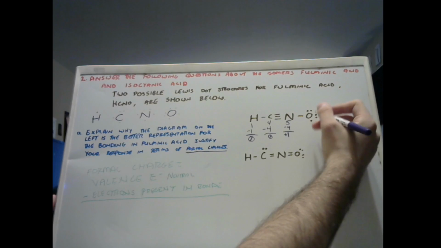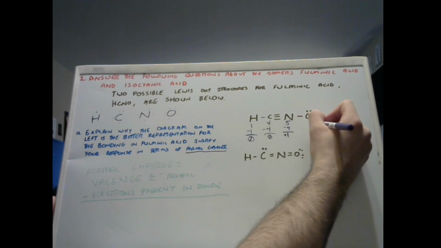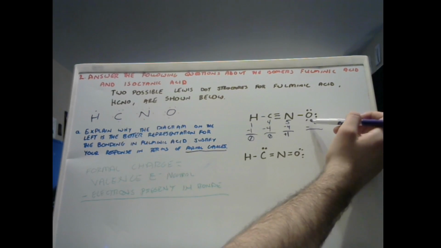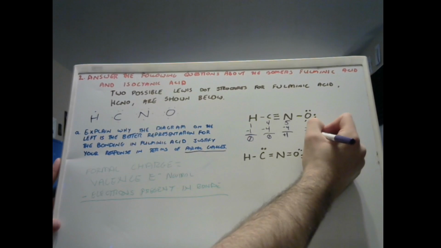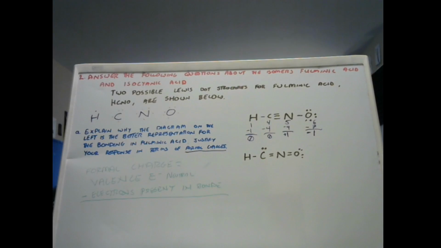We look at the oxygen. Normally there are 6 electrons, but in this case, 1 bond and then 1, 2, 3, 4, 5, 6 electrons in lone pairs gives us a total of 7, a formal charge of minus 1. Now, two things you can do to check yourself here. First, does your formal charge add up to the overall charge of the molecule?